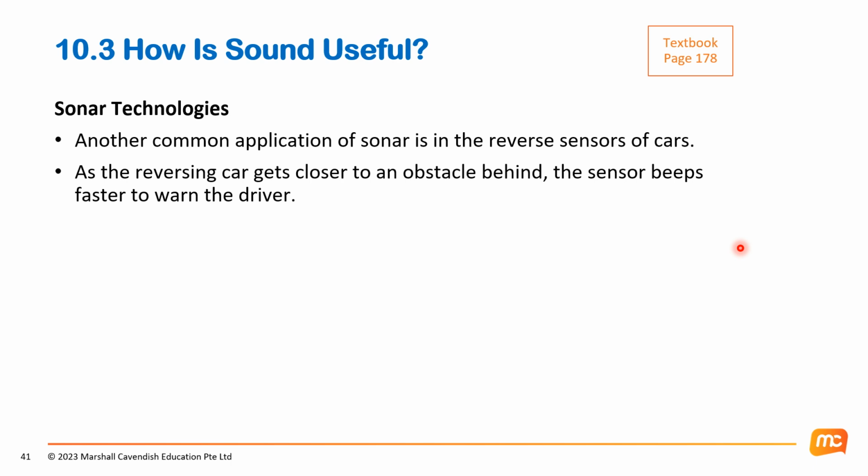So these obstacles would reflect the sound, and that time delay would allow the sensor to figure out what the distance is between itself as well as whatever obstacle is behind, in order to warn the driver that you're getting very, very close to whatever obstacle it is, whether it's another car or a wall or a pillar. And in more sophisticated car models, it's not just behind, but you will see in all directions as well. And this helps drivers to better park and navigate tight spaces.